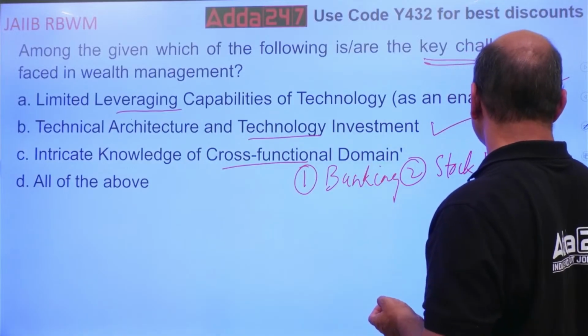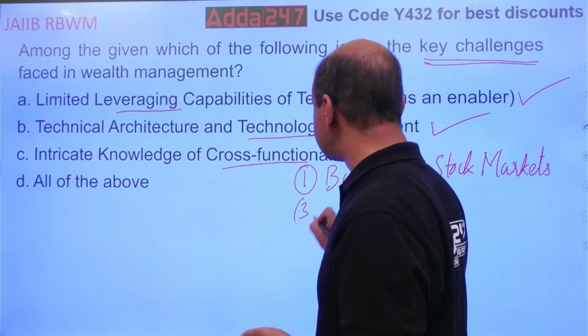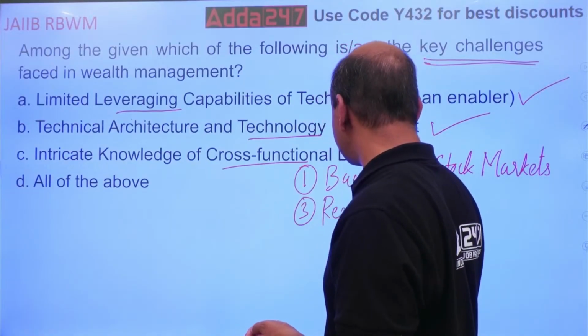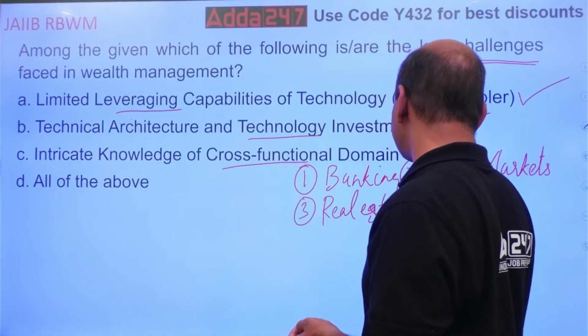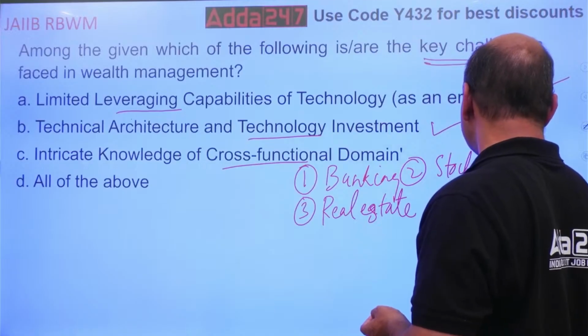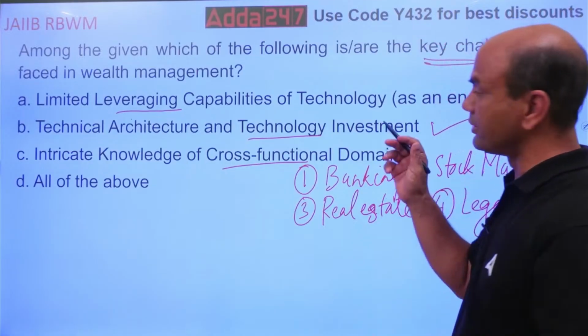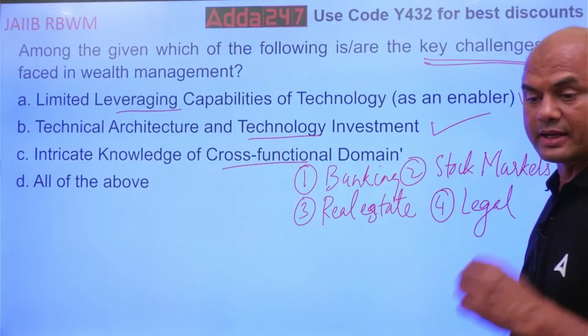Then, third one, real estate. Real estate means your property. I must have a knowledge of legal. What are the legal implications? Because in wealth management you have a topic called will writing.